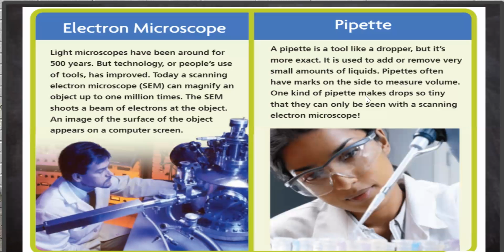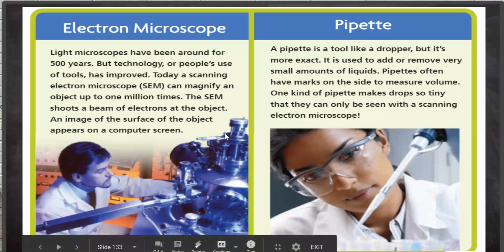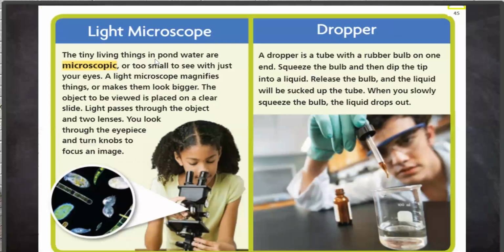Okay, one kind of pipette makes drops so tiny that they can only be seen with a scanning electron microscope. So now I want you to make a comparison. Electron microscope and a light microscope. Which one makes things look much bigger? The light or electron? Electron. Thank you, Tala.